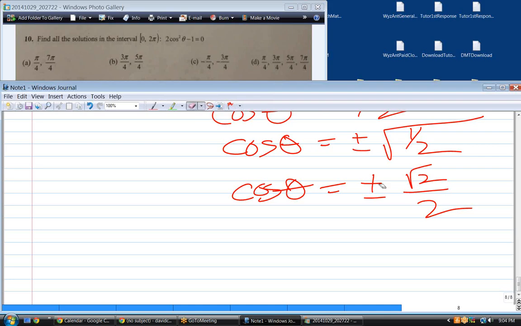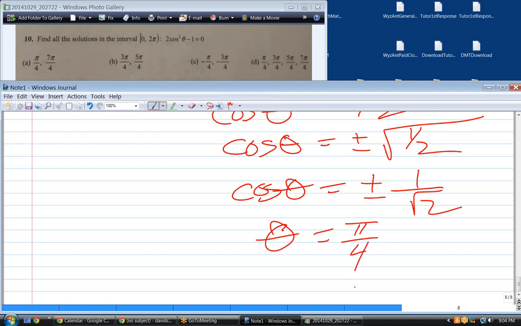In fact, let's write it like that, as 1 over square root of 2, because it actually makes it a little easier to solve. So what's theta going to be? 1 over root 2 would be 45. Pi over 4. And since it's plus or minus, we need the 45-degree angle in all 4 quadrants.